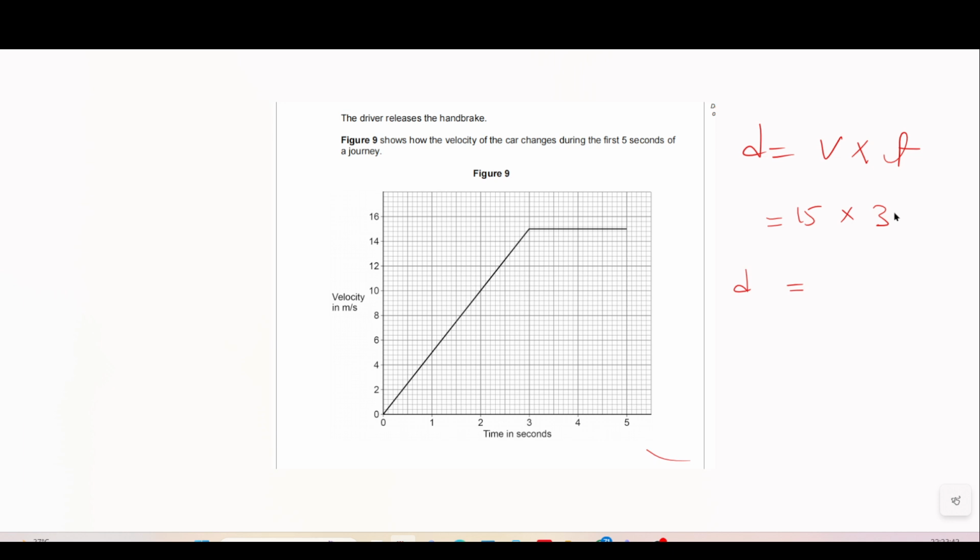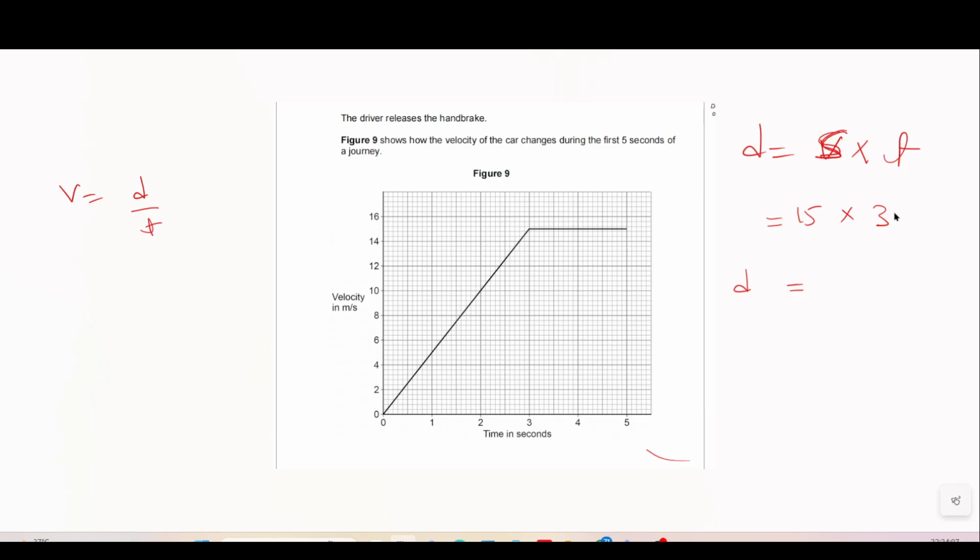So wait, distance equals velocity times time. Isn't it speed times time? That's what it says. Yes, this is what I wrote: distance equals speed times time. Speed times time. That's velocity.